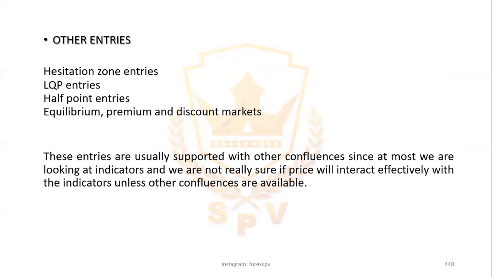So these entries are usually supported with other confluences, since we are looking at indicators here, and we are not really sure if price will interact effectively with the indicators unless other confluences are viable. So you need to be in line with the market maker trend in order for you to trade better.